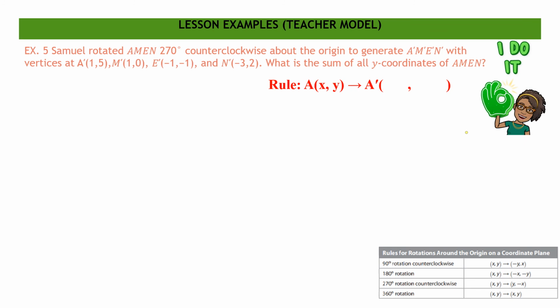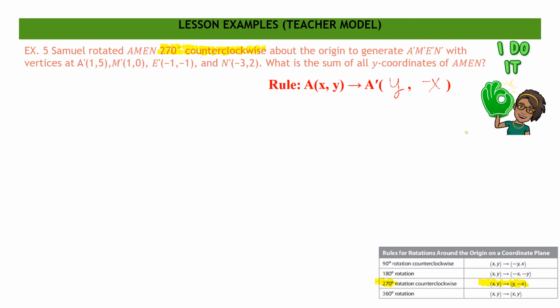So first, let's look at what was given. It says 270 degrees counterclockwise. So if I come down to my little cheat sheet, 270 degrees counterclockwise tells me I switch and take the opposite sign of x. So that is my rule.